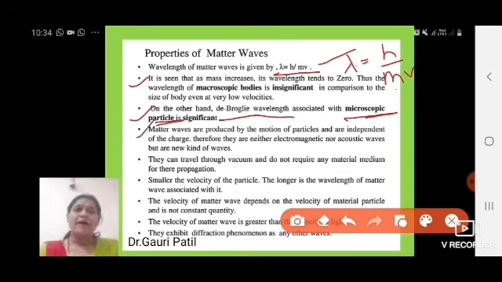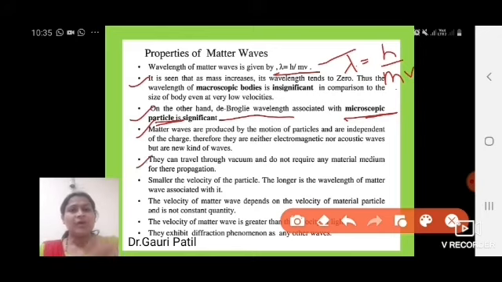Next, matter waves are produced by the motion of particles and are independent of charge. Therefore, they are neither electromagnetic nor acoustic waves but are a new kind of waves. Matter waves are produced by the motion of particles and are not associated with electromagnetic or acoustic waves.